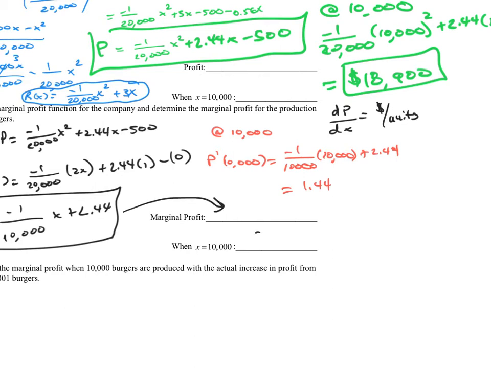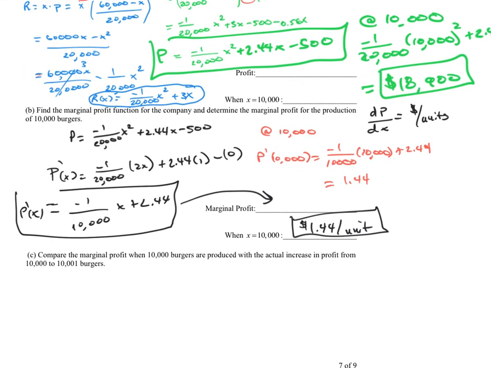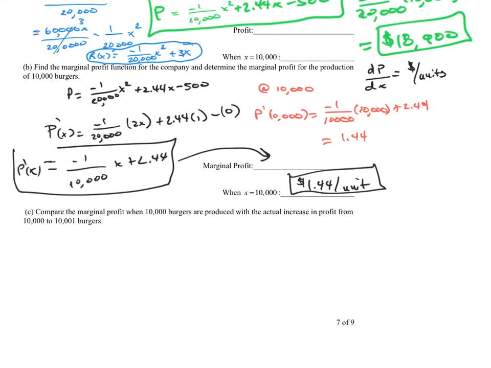The marginal profit is $1.44 per unit or per burger. So what does that mean? That does not mean that this person is only making a $1.44 profit if they sell 10,000 burgers. That means the profit from the 10,000th burger to the 10,001st burger. The profit off of the sale of that one single next burger should be $1.44.